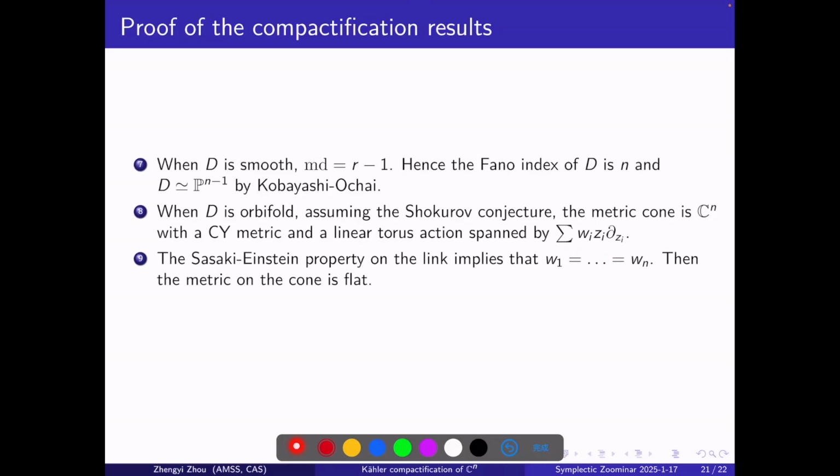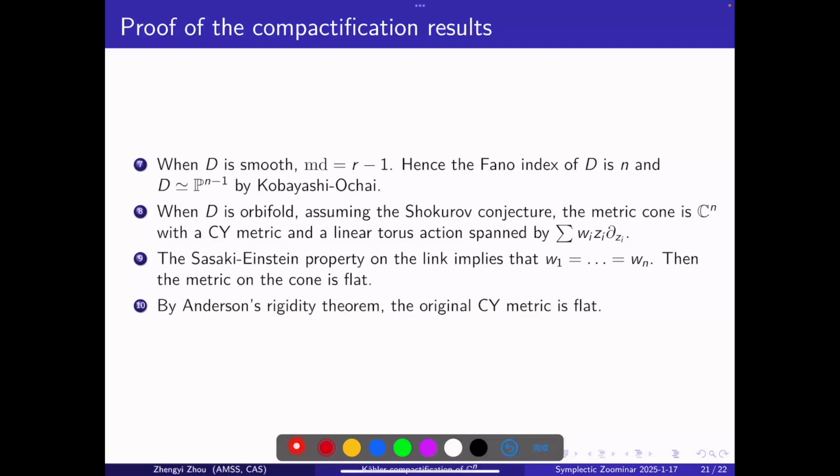And being Einstein means that it will have some volume-maximizing property, and that will imply that the weight can be used to express the normalized volume of the Sasaki manifold. And you can figure out that to have the Einstein metric on the Sasaki link, you must have the weights be the same, and then from there you can argue that the tangent cone at infinity must be flat.